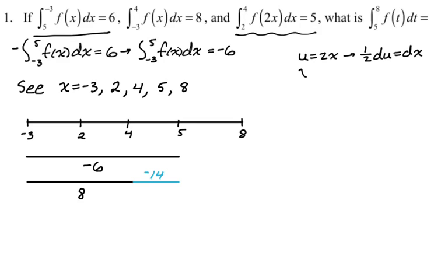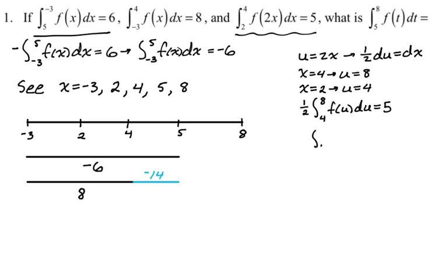If x is equal to 4, then u would be equal to 8, and if x is equal to 2, then u is equal to 4. I can rewrite the whole thing: 1/2 the integral from 4 to 8 of f of u du is equal to 5. So the integral from 4 to 8 of f of u du is equal to 10.